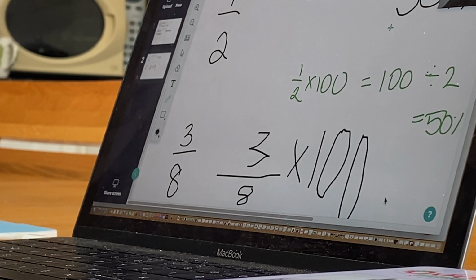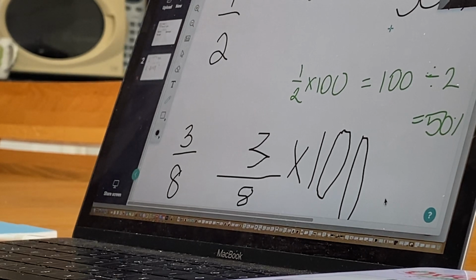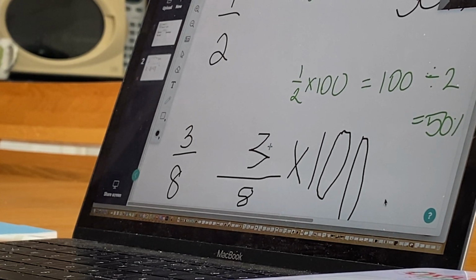So it's going to be equal to 12%. So that's 1/8. 12.5%. Not quite. So you are correct.